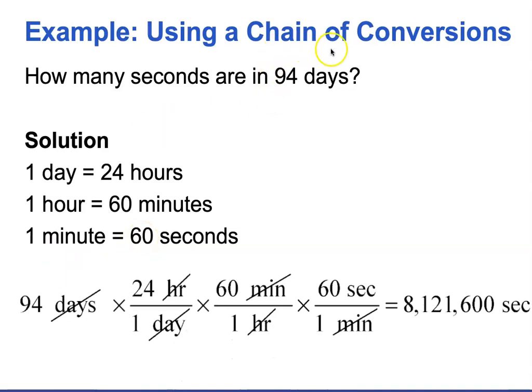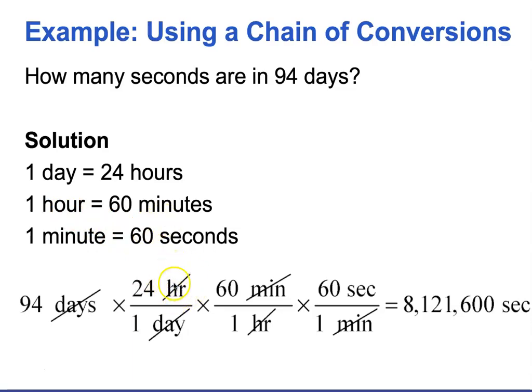So always, the one you start with is your first one, 94 days. So we're going to want to cancel days. So here, between days and hours, days will be on the bottom. So 1 day is 24 hours. So days will cancel, and our answer will be in hours, but we don't want hours. So we're going to convert again. In 1 hour, there's 60 minutes.